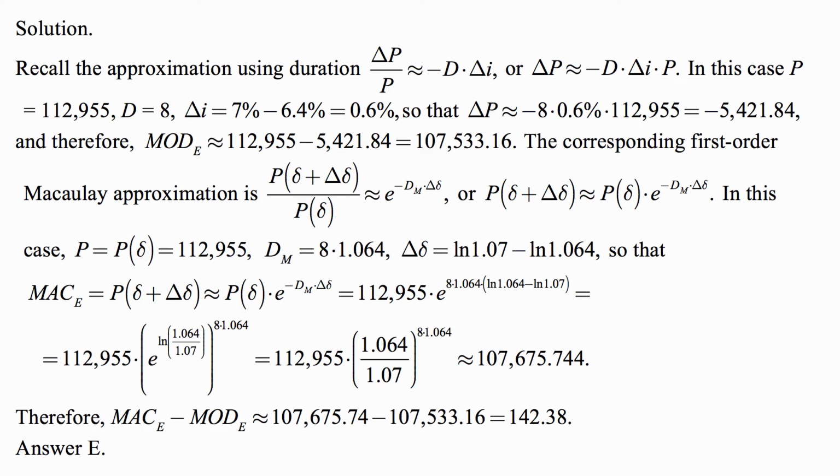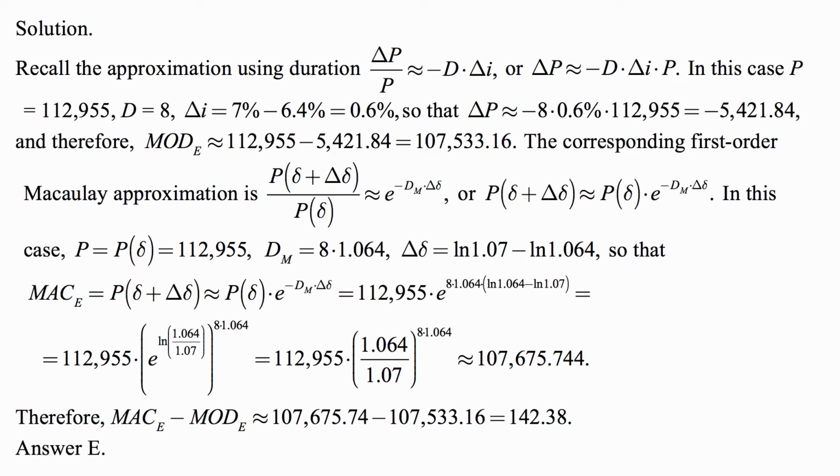Okay, so when the approximation is based on duration defined with respect to the interest rate i, the approximation of the change in price divided by the price is approximately minus the duration times delta i, where delta i is the change of the interest rate.